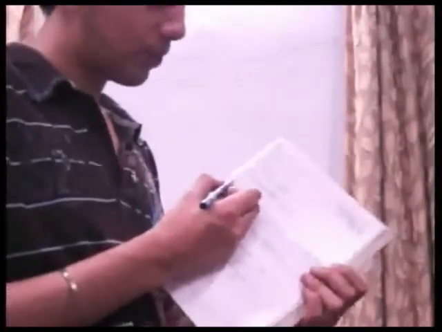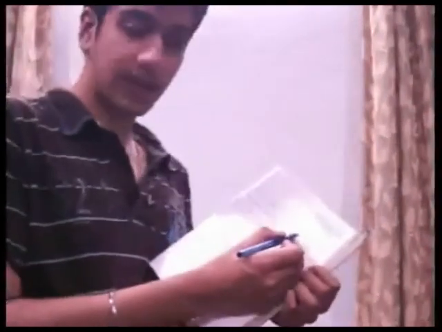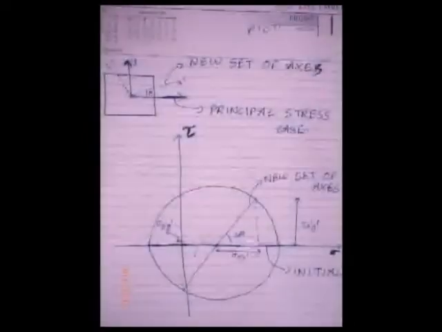We can plot these points on the circle only when we plot sigma x dash comma minus sigma x dash y dash and sigma y dash comma sigma x dash y dash, and so is the case when we are considering the normal xy before rotating. One more thing is that this was the case when we rotate our coordinate axis by an angle theta.